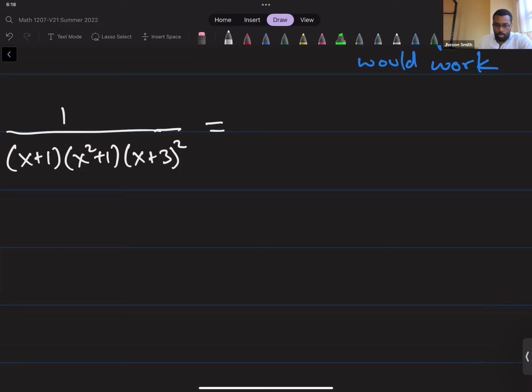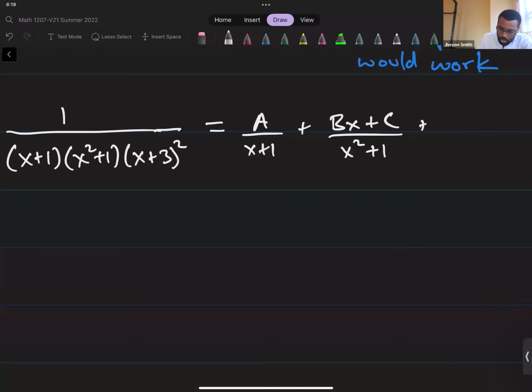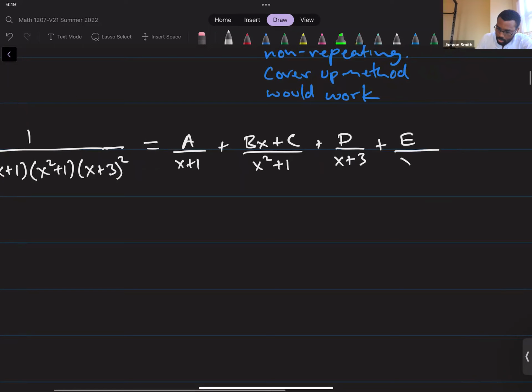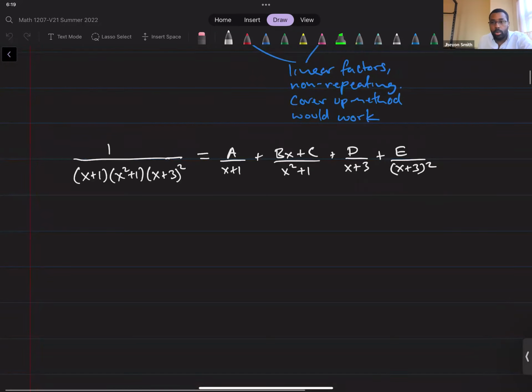A over x plus 1 plus bx plus c over x squared plus 1 plus d over x plus 3 plus e over x plus 3 squared. Right. So based on what we learned yesterday, that would be the generic breakdown.